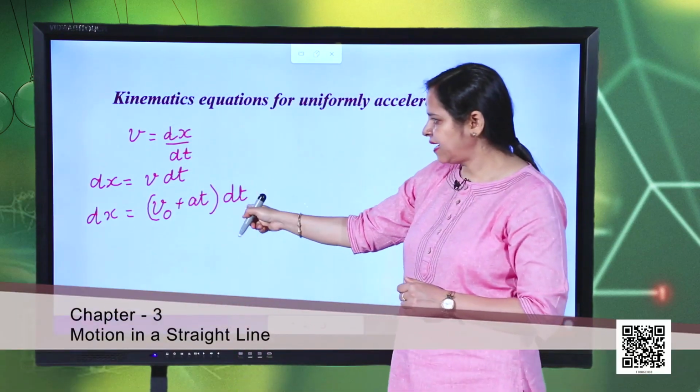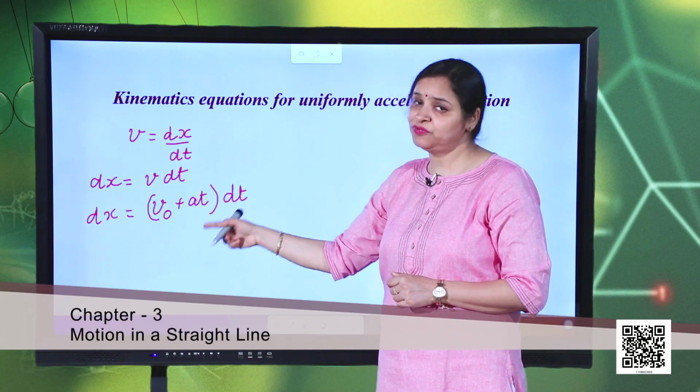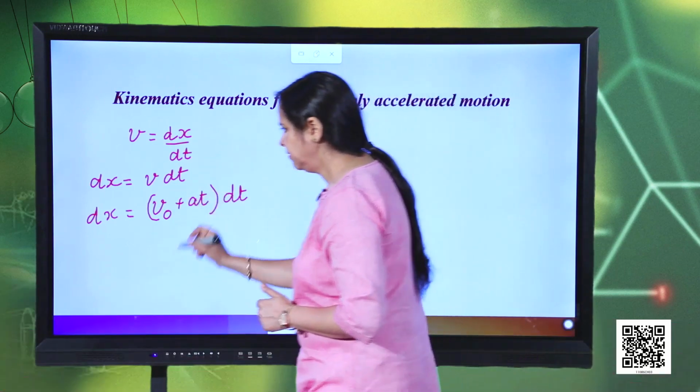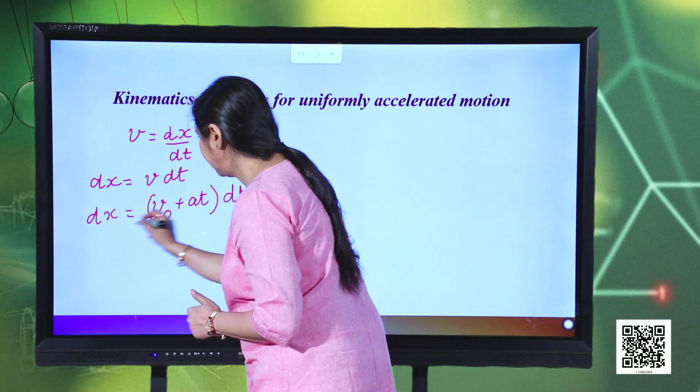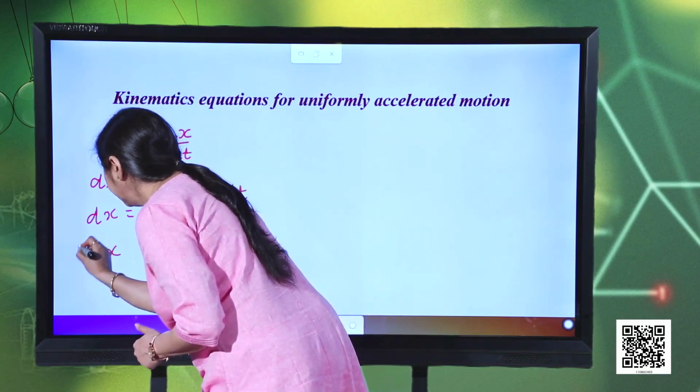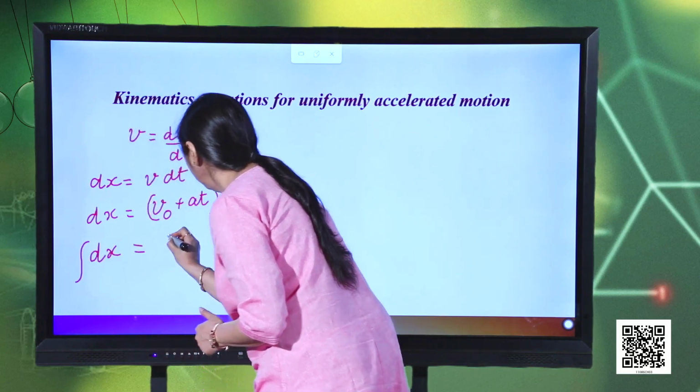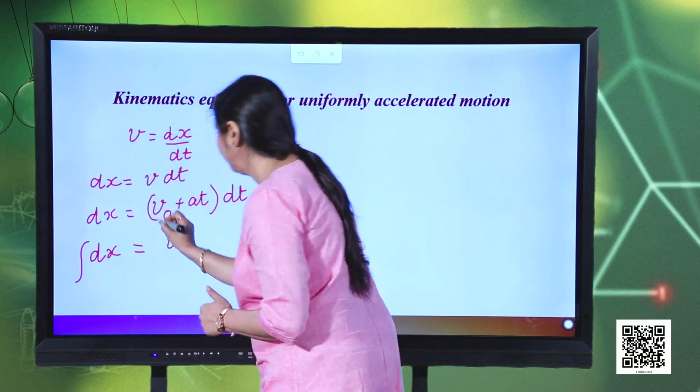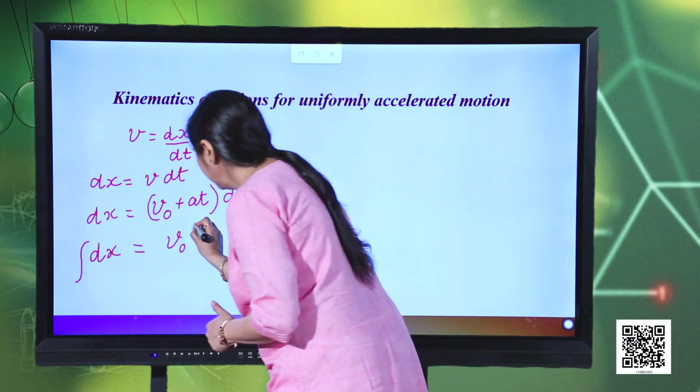Now, on the right hand side we have to integrate both the terms with respect to time. Integrating, dx is equal to v naught, and v naught is constant with respect to time.